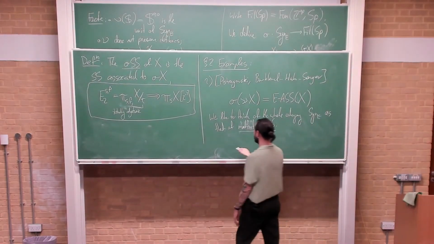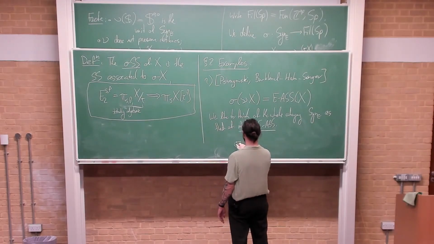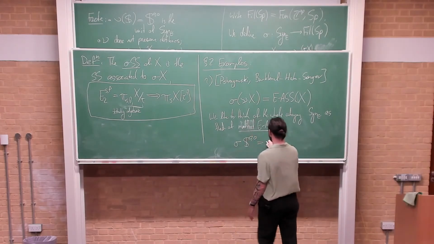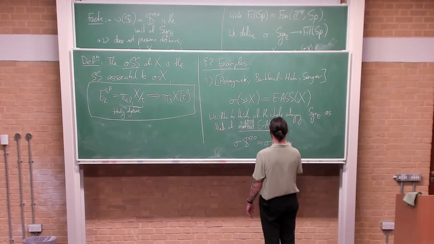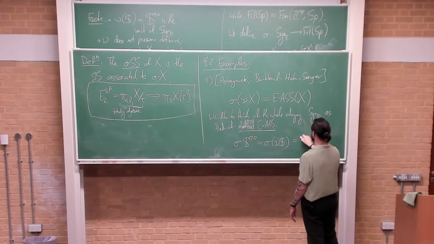Of course, there's a universal example that I want to highlight as well, which is that the signature spectral sequence associated to the unit is, by definition, the synthetic analog of the sphere. This is just the classical E-based Adams spectral sequence for the sphere.